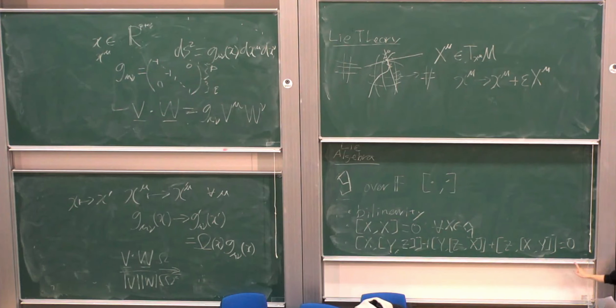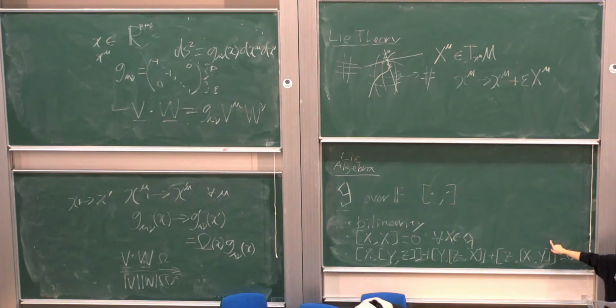So the reason why this is called a Lie algebra is because when you have a Lie group, it gives rise to a corresponding Lie algebra as a tangent space of the manifold of the Lie group about the identity element of the Lie group.